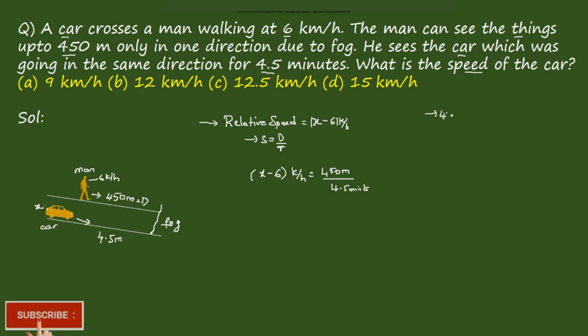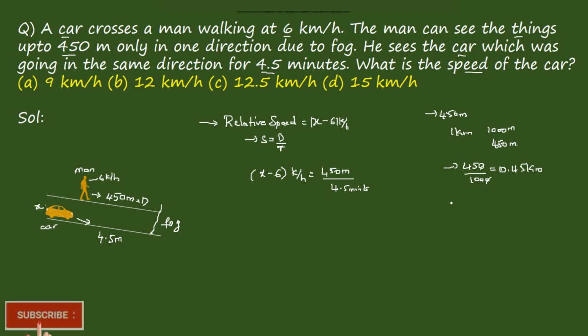If you consider 450 meters, we have to convert into kilometers. We know that 1 kilometer is equal to 1000 meters. Then 450 meters is how much? It becomes 450 by 1000, the zeros get cancelled, and it becomes 0.45 kilometers.